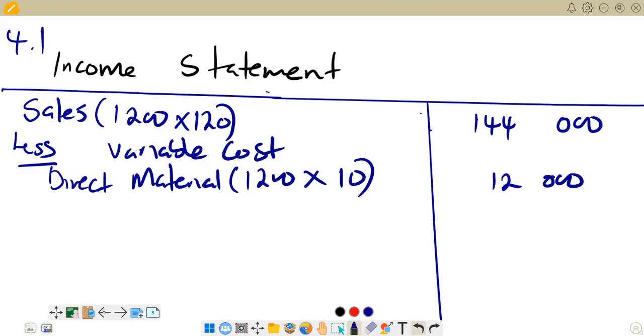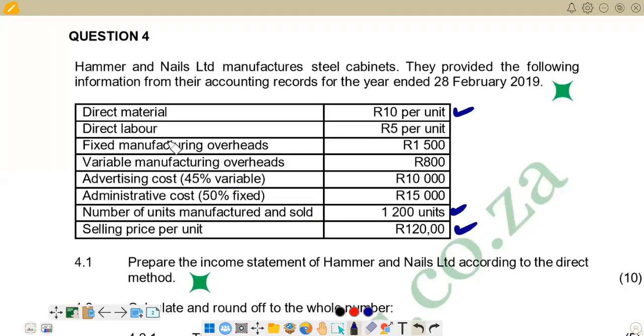We go back to check another variable cost. We also have direct labor, and we are given it as 5 rand per unit. Then we multiply this 5 rand per unit times the number of units that we have, which is 1,200.